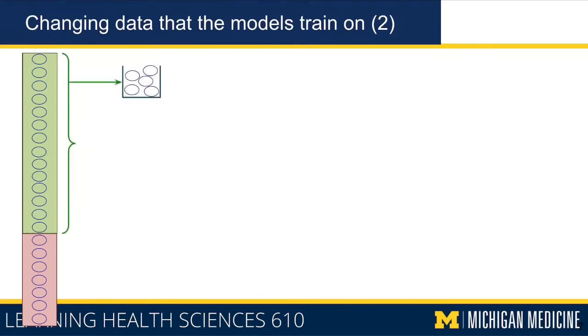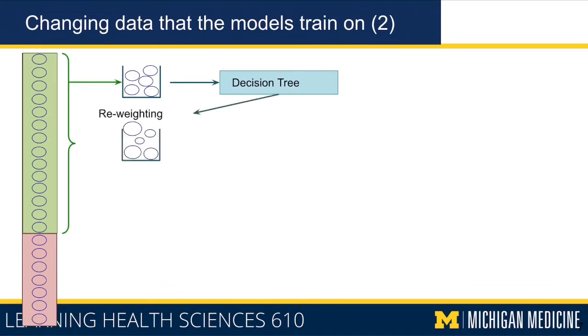Great. What about another way to do it? Again, you start with the same split of training data and test data. But first you use the training data, get a sample, or maybe use the entire training data, to create one model. Let's stay with decision tree for now.